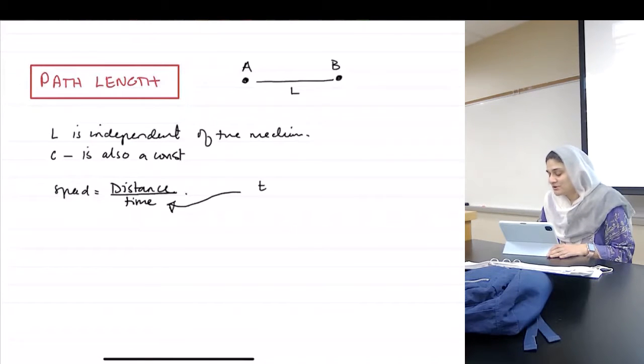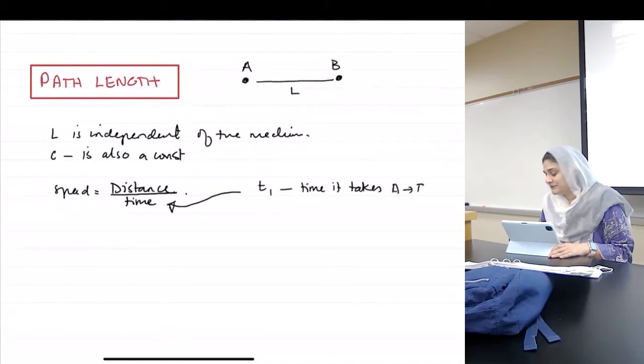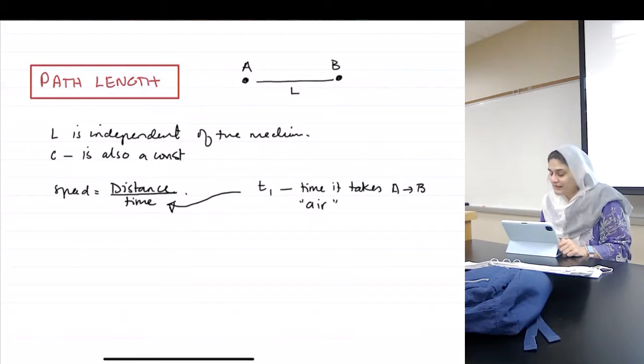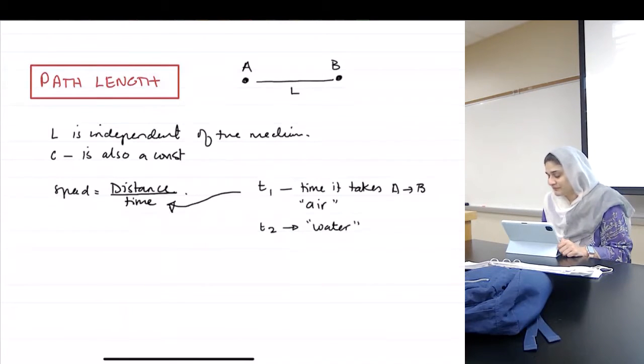So suppose T1 is the time it takes light to go from A to B when the medium is air. And T2 is the time it takes for light to go from point A to B when the medium is, say, water. And T3 is the time it takes if the medium is, say, glass.